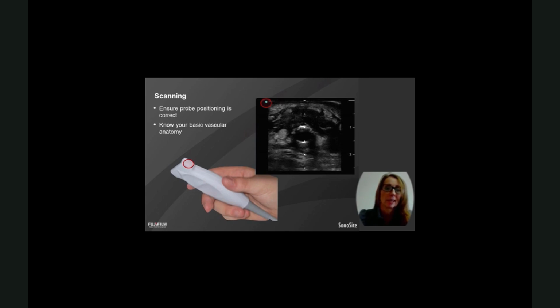So just get familiar, and that way you'll get your brain set up to understand which way's which. Know your basic vascular anatomy when you're scanning. Don't forget that's a really important tool, that you know where your radial artery is, you know where your brachial artery is. This will help you have a bit more information when you're trying to work out what vessels you're looking at.